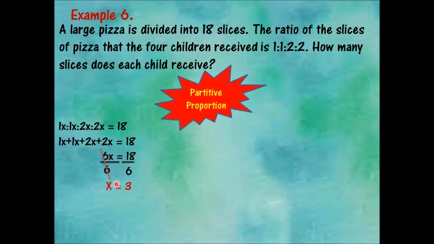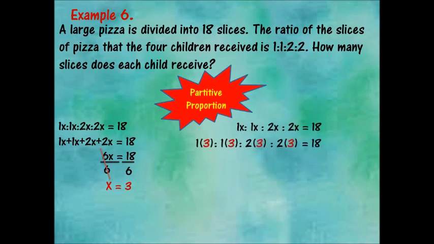So, itong 3 ulit na to ang isa-substitute natin sa lahat ng x dito para malaman natin kung ilang slice ang na-receive ng bawat batang nabigyan ng pizza. So, substitute natin siya. So, magiging 1 times 3, 1 times 3, 2 times 3, and 2 times 3. And the result dapat ay maging 18.